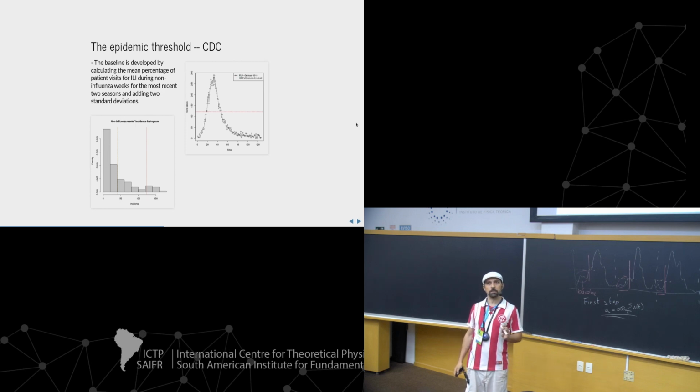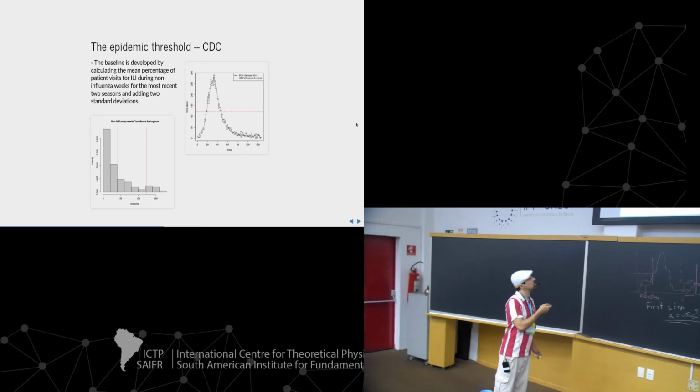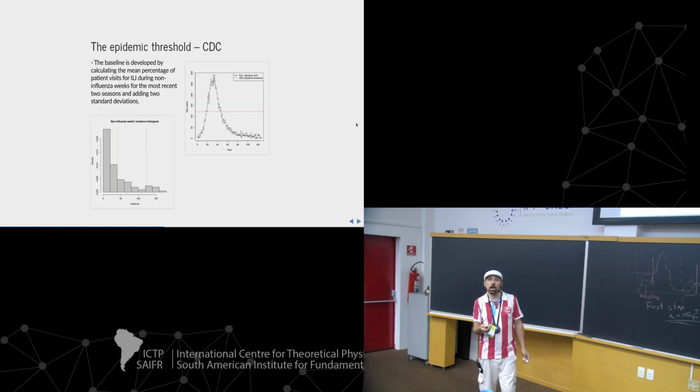Is that clear? Okay. Of course, we could argue that standard deviation doesn't make much sense for this particular distribution of observations. I could use quantiles directly to establish what is already an outlier on that distribution, instead of looking at mean plus standard deviation, right?